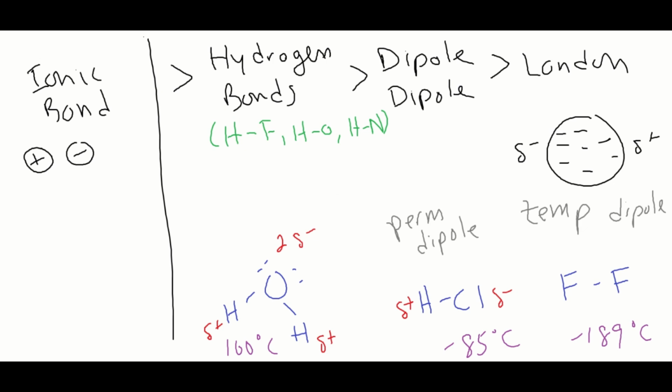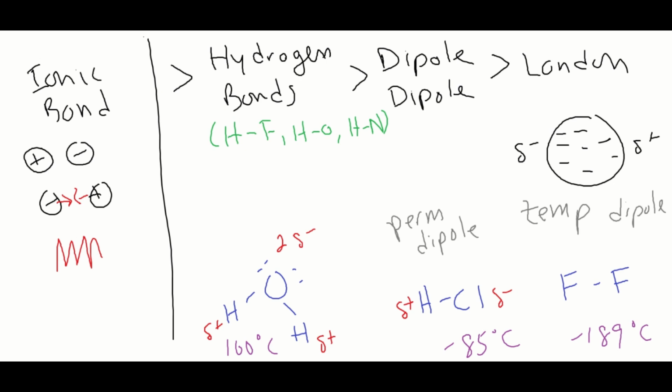Now, it's not proper to say ionic compounds have intermolecular forces because they're not made up of molecules. They have this repeating crystal lattice structure. So they don't have molecules, but still, in order to melt an ionic compound, you're going to need enough energy to overcome these really strong interactions.